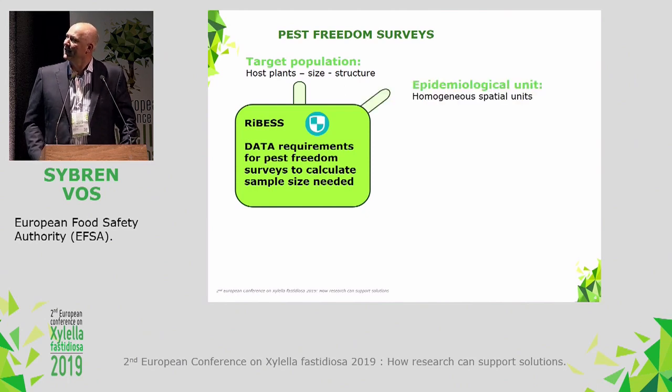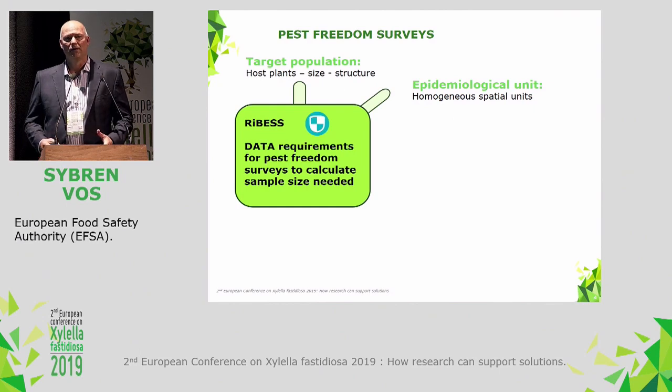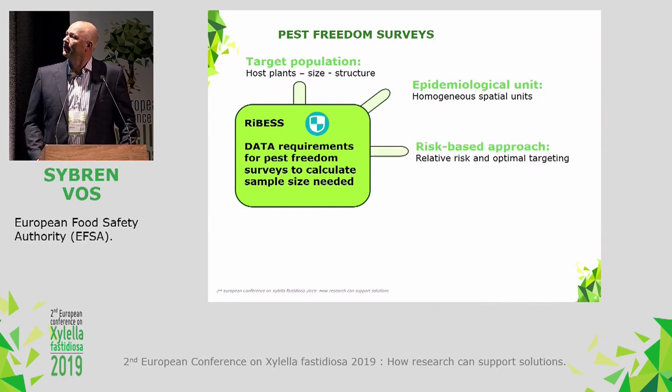In addition, we need to characterize the landscape better in terms of target population and try to divide it into homogeneous spatial units, units where the epidemiology would be similar in terms of interactions between the host, the pest, and its environment. Another important element for applying a risk-based approach is optimal targeting of the survey.